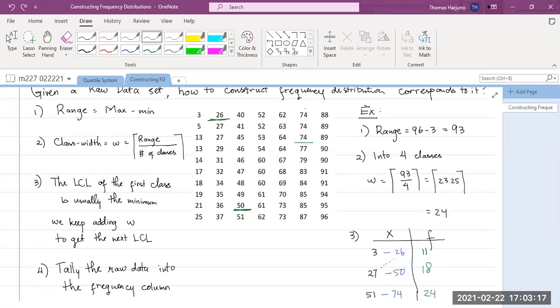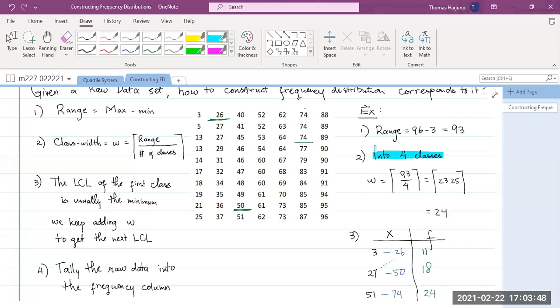I have a question coming in. How did I get 4 from step 2? It's usually given. How do we know that there will be 4 classes? Well, the question will tell you, for example, construct a frequency distribution with 4 classes. There's actually a formula for that, but that formula is beyond the scope of this course, so I will just give it to you.